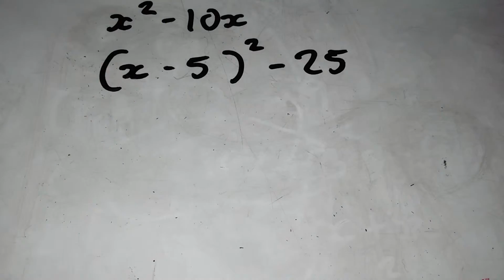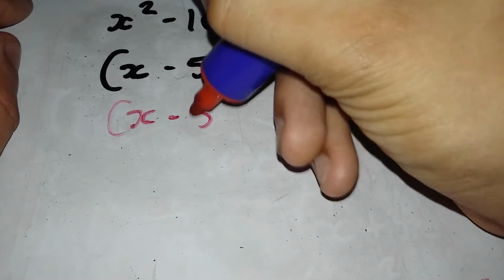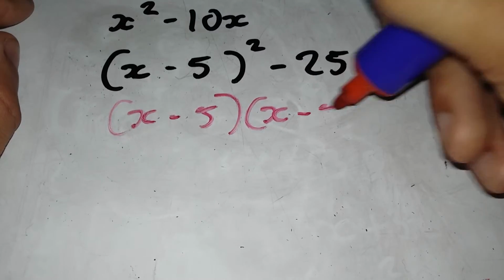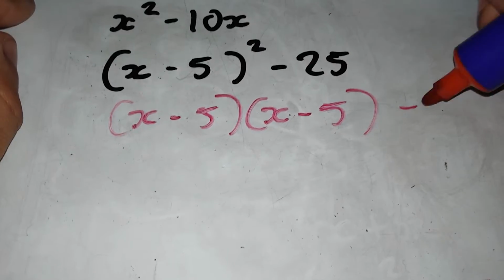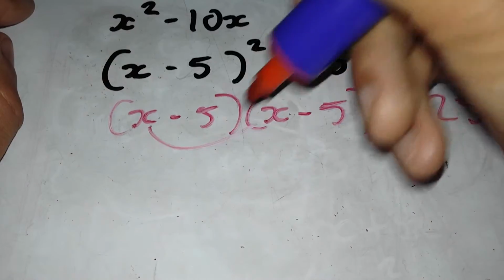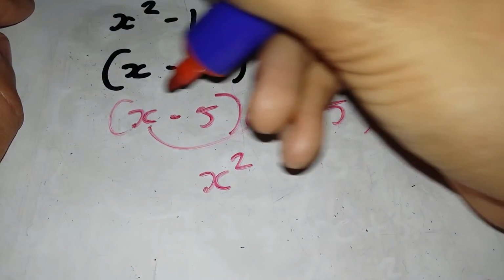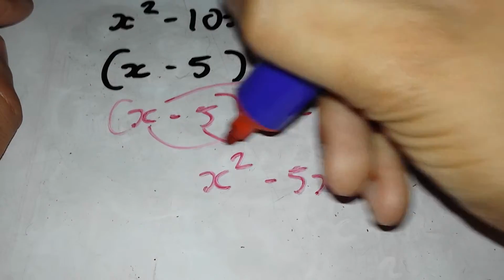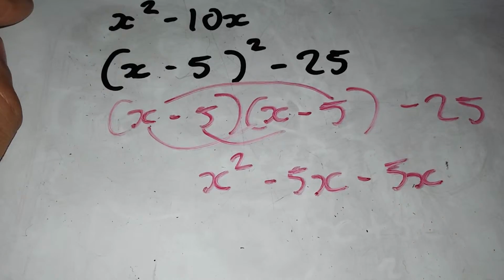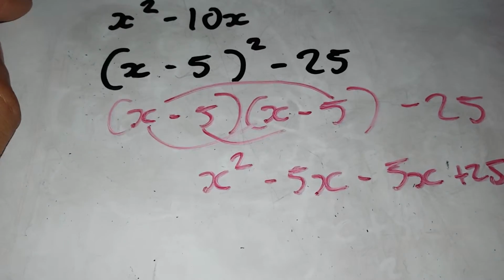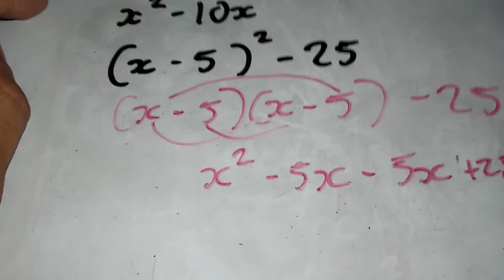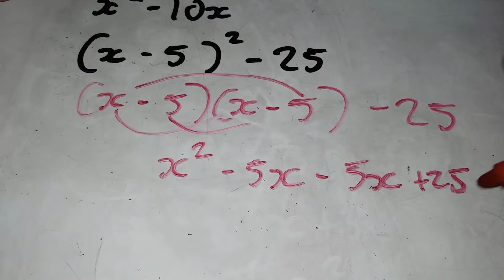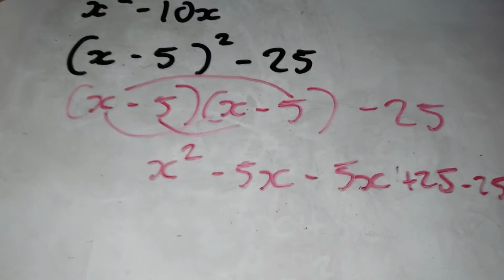If we expand this bracket, x minus 5 squared, I've just rewritten this like that. So x times x is x squared, x times minus 5 is minus 5x, minus 5 times x is minus 5x, minus 5 times minus 5 is positive 25, and then we've got another negative 25 here.